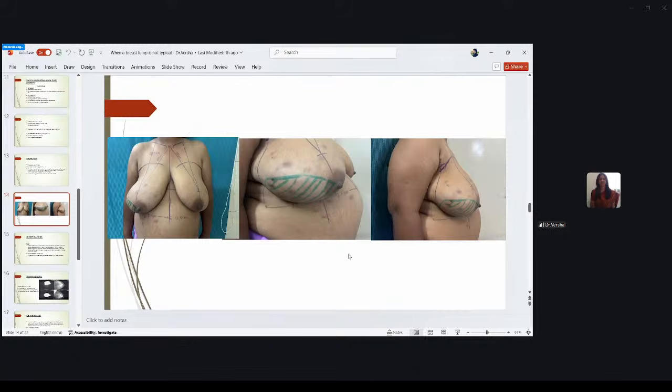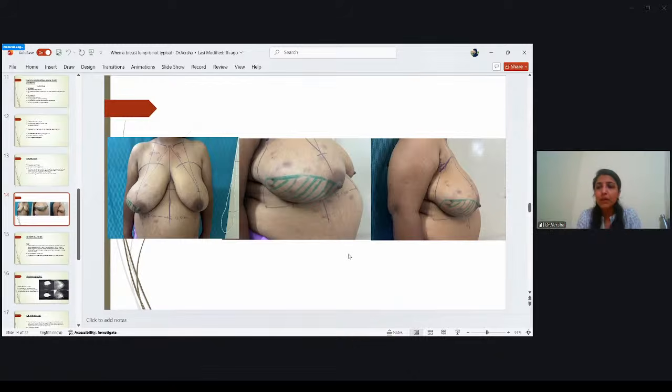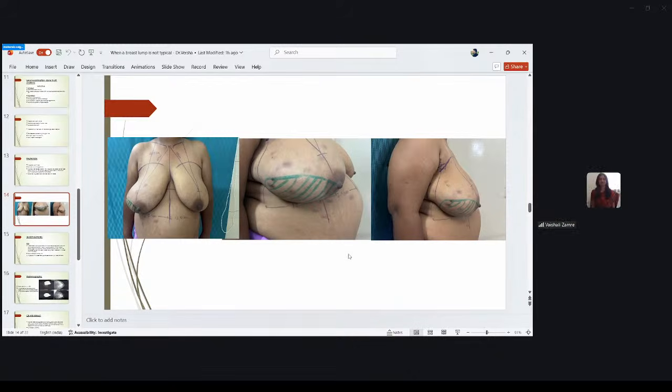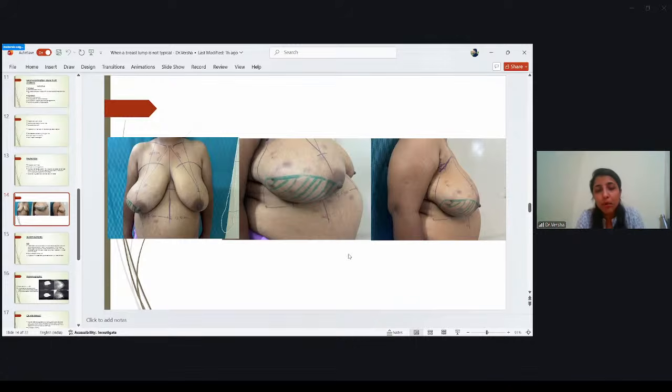Okay? Okay, ma'am. Ma'am, may I please ask a question? Yes, please, you can. Ma'am, keeping the mobility of the lump and nodularity of the lump in mind, can we say that this is pointing more towards phyllodes tumor?